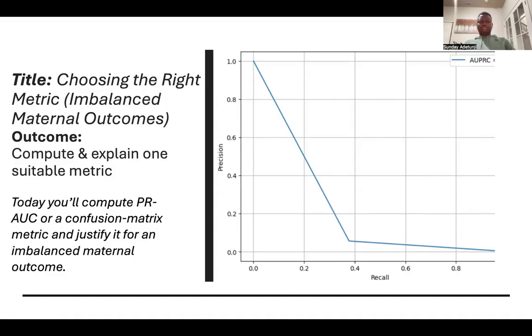That is why you have a graph here, or a curve, which I expect at the end, showing precision on the y-axis and recall on the x-axis.